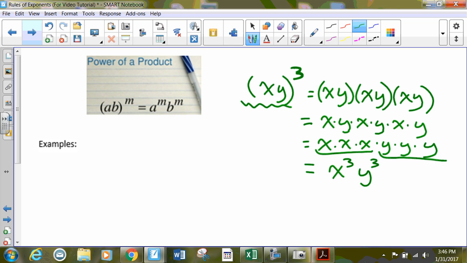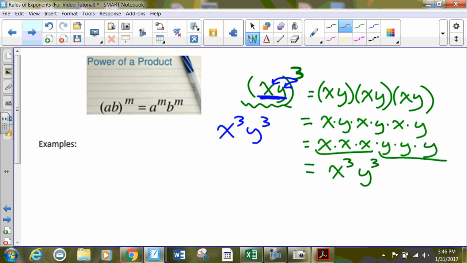And so what we want to remember is that when we have a product of 2 or more things, this exponent goes to both the x and the y. I hate to say the word distributing, but it kind of is like that. I call it fake distributing. So let's make it a little bit more difficult.